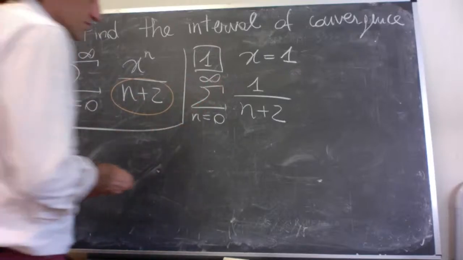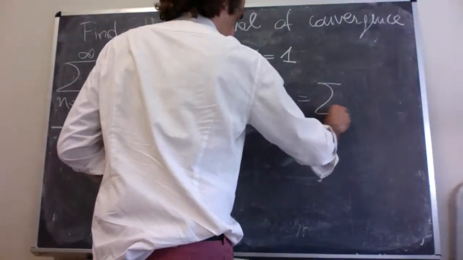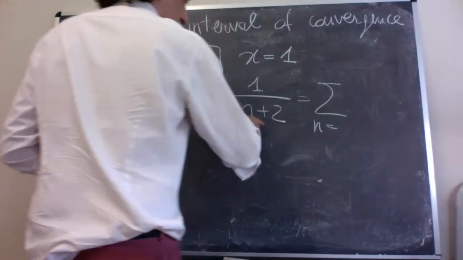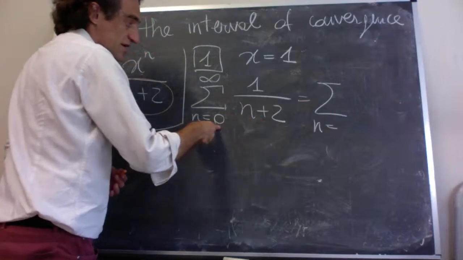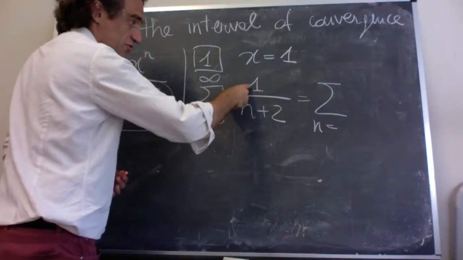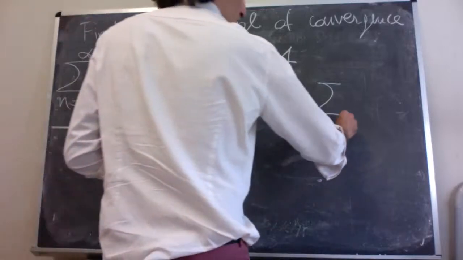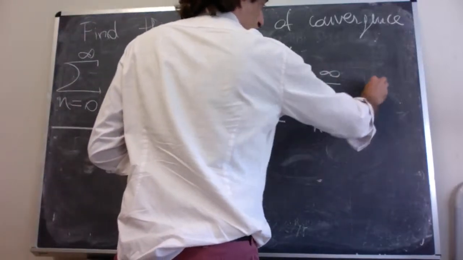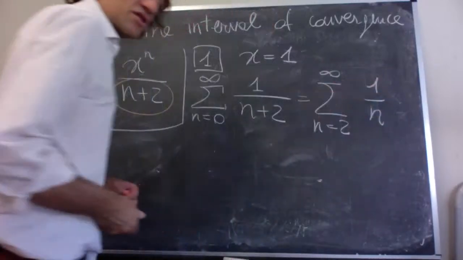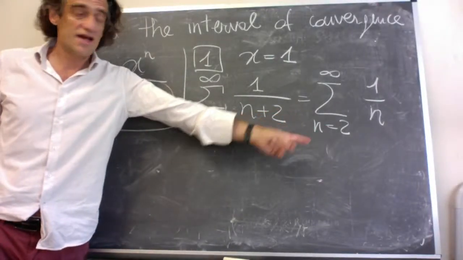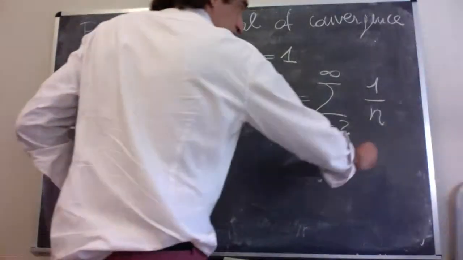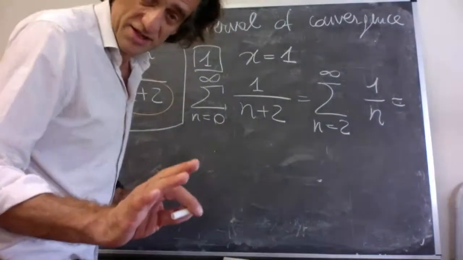This is equal to n going by starting from 2. Because for n equal to 0, we have 1/2 and then 1/3 and so on. So this is n equal to 2 to plus infinity of 1 over n. This is the harmonic series. Not exactly, because there is no n equal to 1, but if you really want to be very precise, it is not necessary at all.